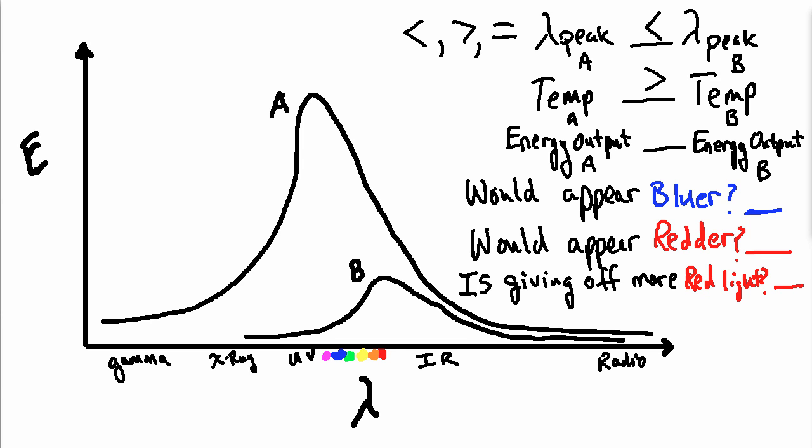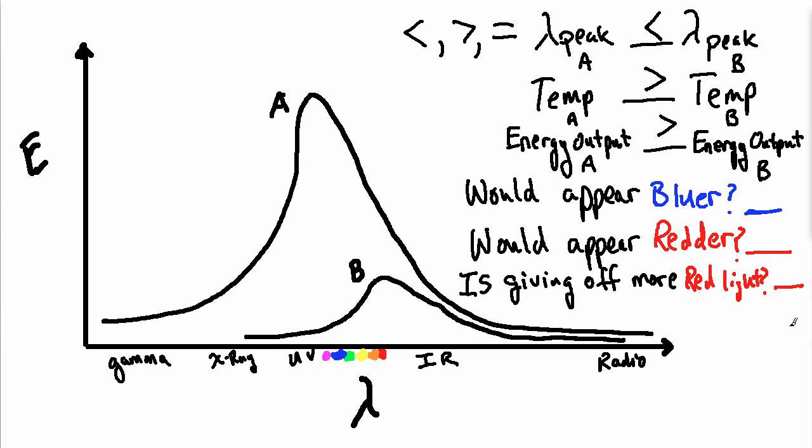With regard to the energy output for both objects, the light curve for A indicates that it is giving off much more energy at all wavelengths than object B is. So the energy output for A is much greater than the energy output for B, and that is just represented by the height of the curves that are drawn for each object.